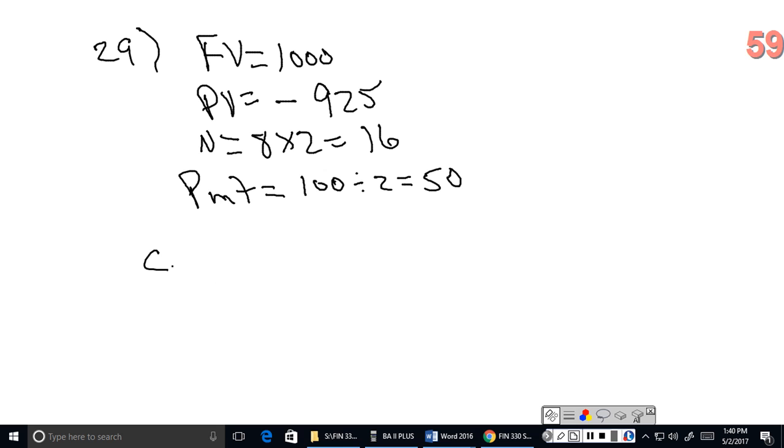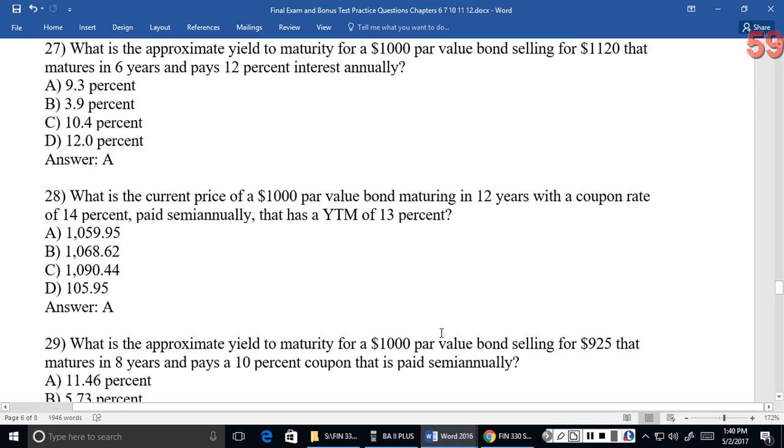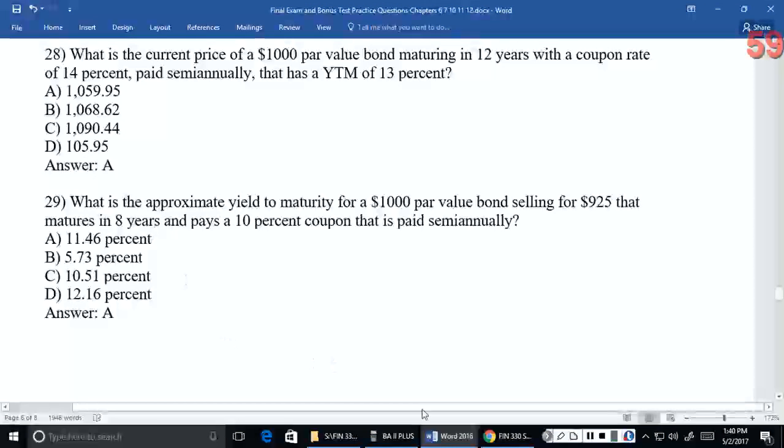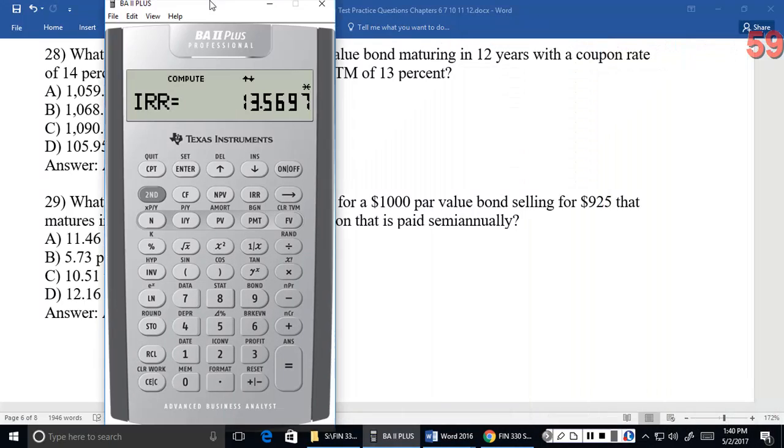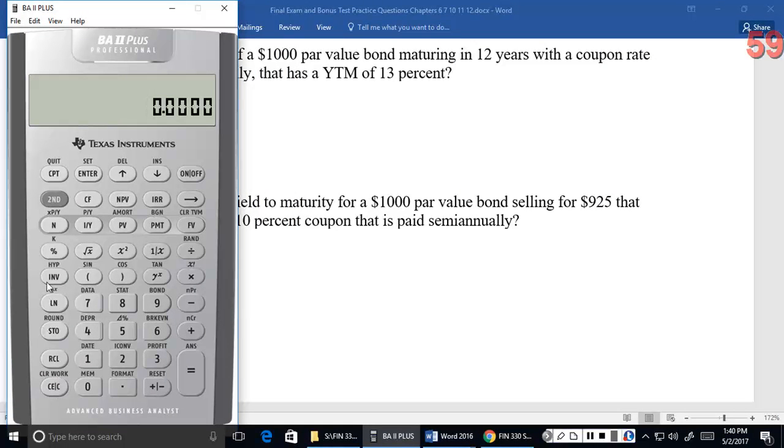is you're going to compute the I/Y. And you're going to come up with whatever number it is. But since this is a semi-annual interest payment bond, and this is what I'm working on, number 29, when I enter this information into my calculator, again, keep in mind you're leaving your calculator set on one payment per year.